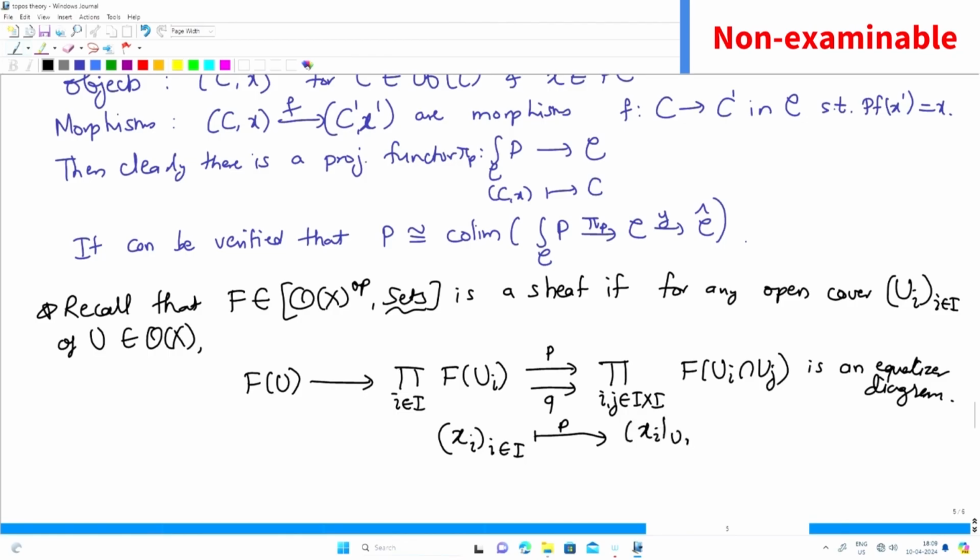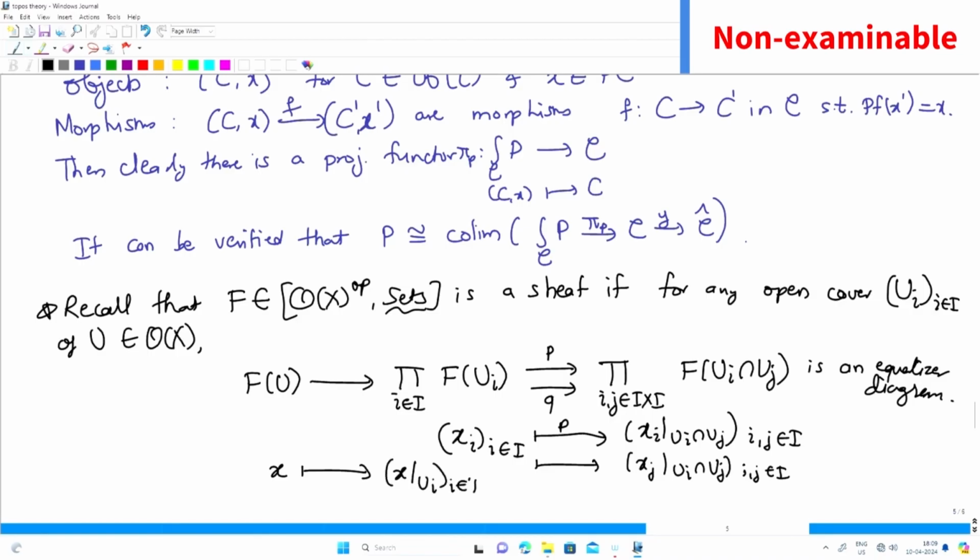Yes, xi restricted to UI intersection Uj and Ij in I, and under Q it will map to xj restricted to UI intersection Uj, Ij in I. And what is the map here? A single element x will go to, yes, x restricted to UI.